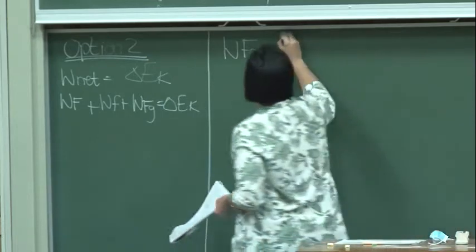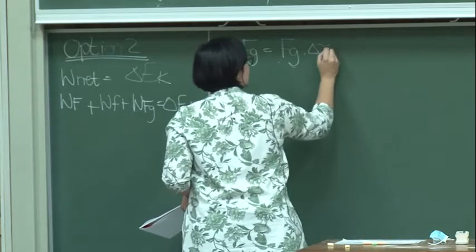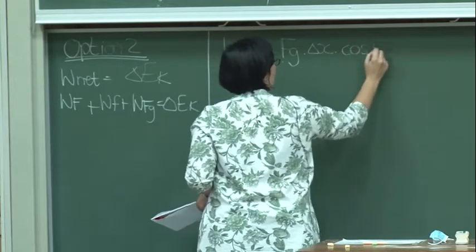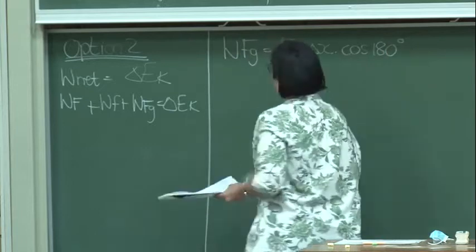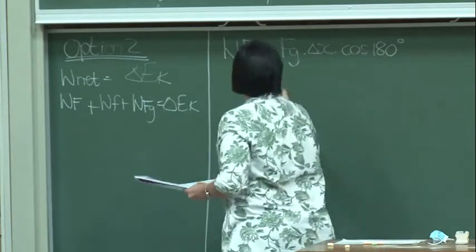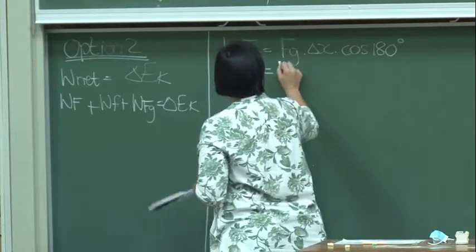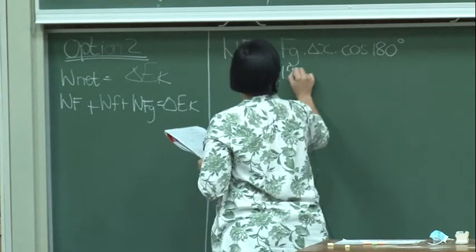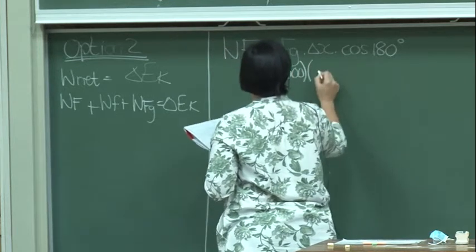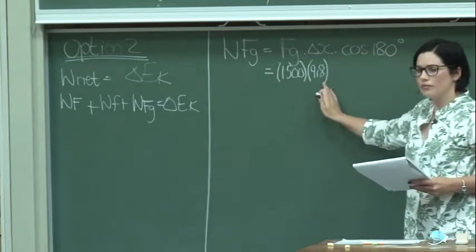The work done by the gravitational force will be calculated as follows. You will say gravitational force times the displacement times cos 180 degrees. This is mass times gravitational acceleration, which is going to be 1,500 kilograms times 9,8, that's the gravitational force.